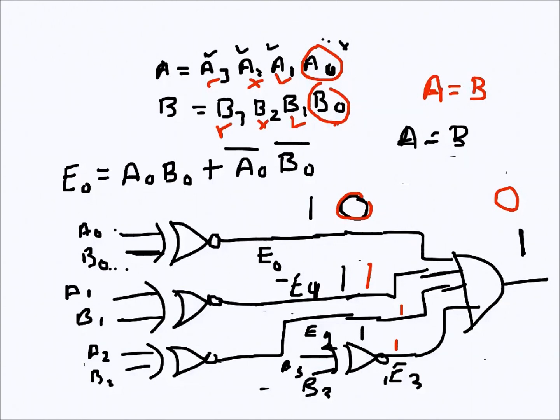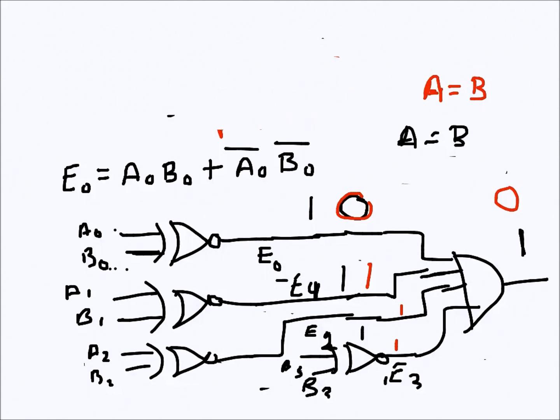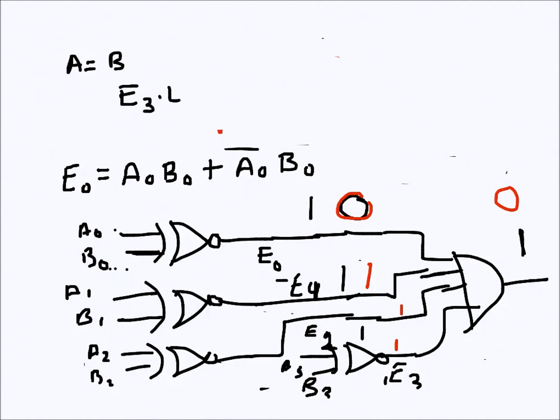In terms of the Boolean expression, it will be like this. If A is equal to B, it will have E3 and E2 and E1 and E0. Or we can say X naught.